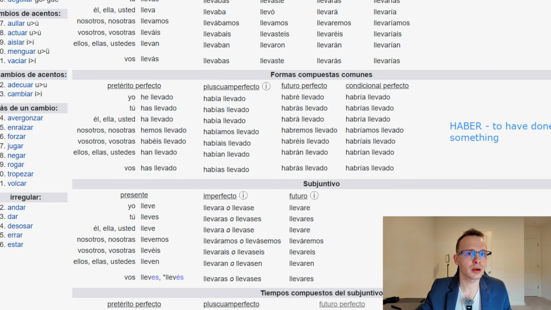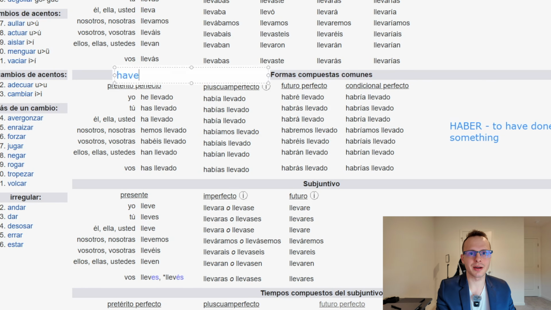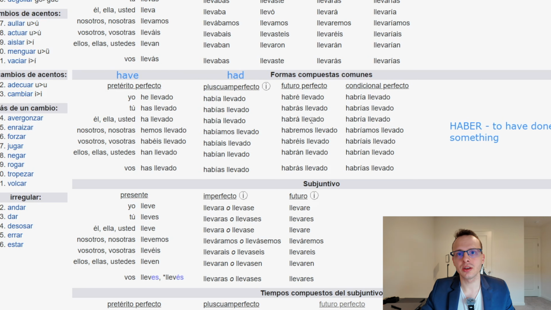And over here, don't worry about the pretérito perfecto, don't worry about these complicated words, this means have. You come over here to había, and this means had. And then over here, this is will have, and then over here the conditional of the haber is would have. So that's what this really is.